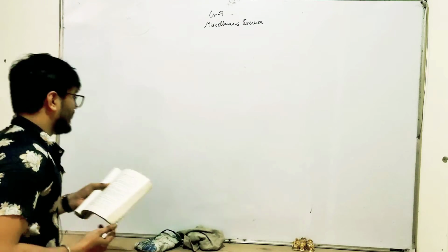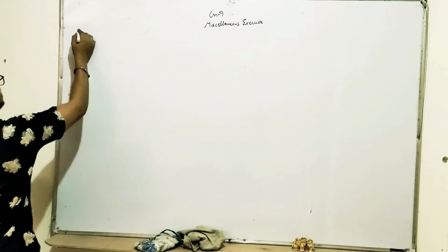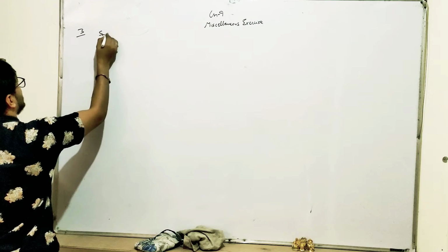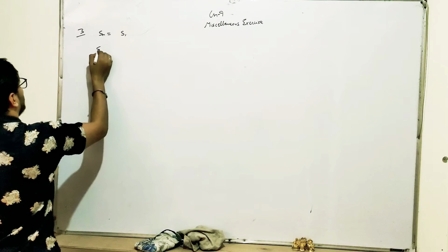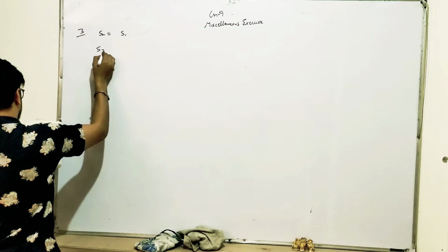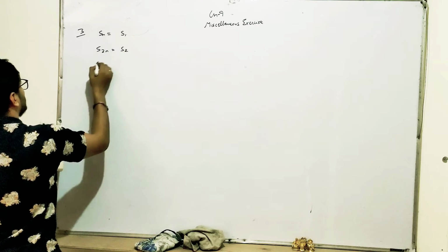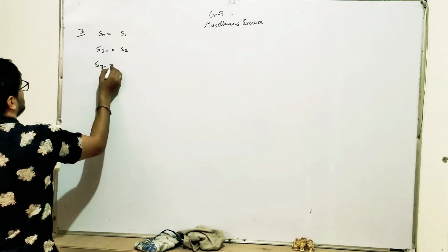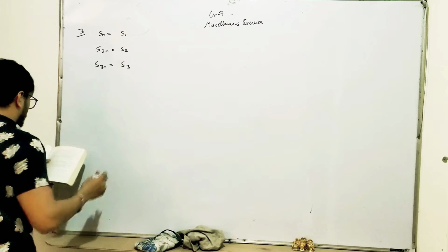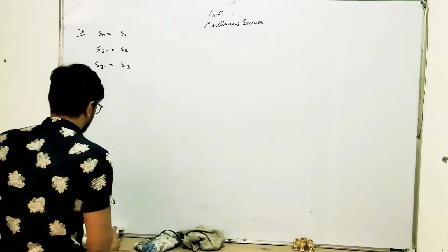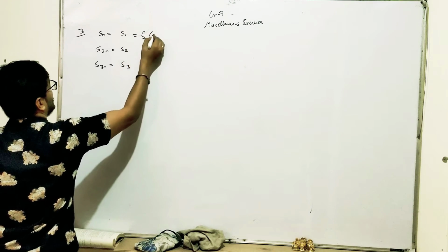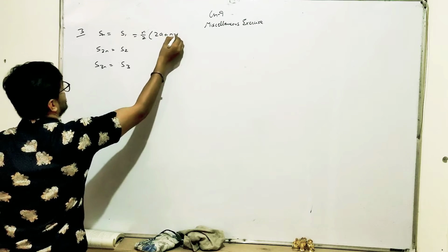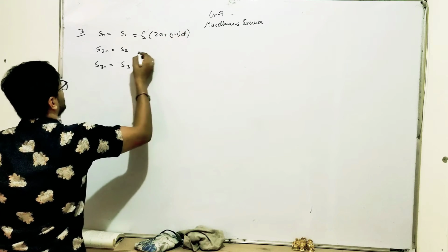So sum of n terms: S_n is equal to S1, S_2n is equal to S2, S_3n is equal to S3, right? So we know that the sum of n terms is equal to n by 2 times 2a plus n minus 1 d, right?